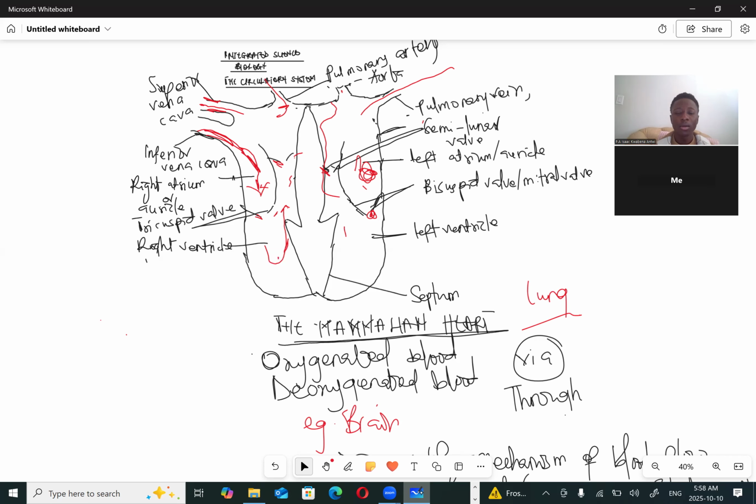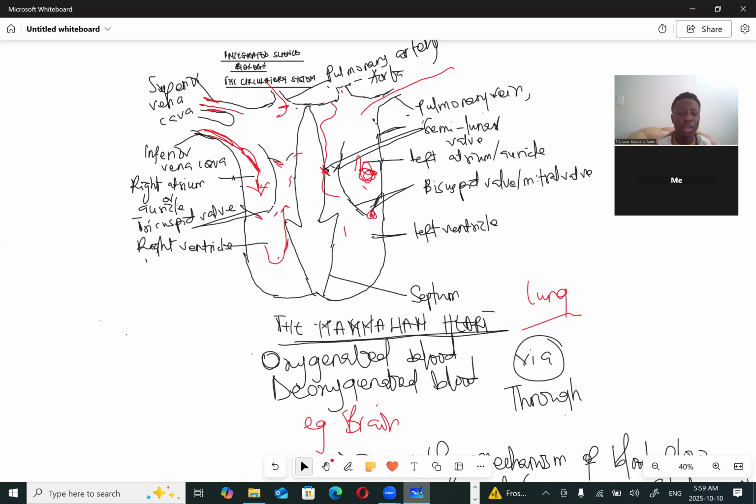You can't skip the right atrium and say it receives the blood from the vena cava.